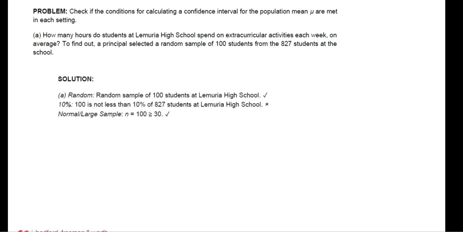So 100 students is less than 10% of the 827, right? No, it doesn't meet that condition, does it? There's only 827 students at the school. This is not a large high school. It's not going to work, right? They selected too large of a sample size. It is good that n is at least 30, but the second condition doesn't hold, so we don't have independence there.